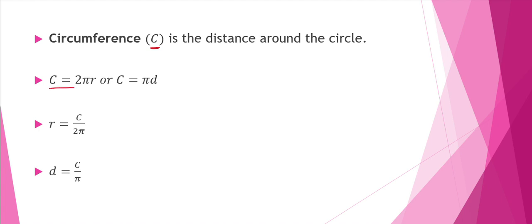So we have two formulas here: C equals 2 pi r and C equals pi d. Another way of writing C equals 2 pi r is 2 times pi times r. And then we have C is equal to pi d, which is the same thing as pi times d. That's all.